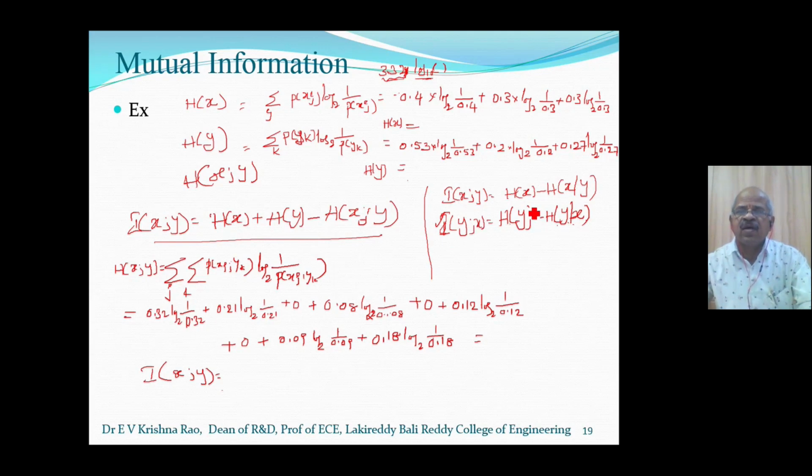As we have taken the transitional probability, the definition of H of y at x is already given. In the same way you will get the conditional probability, which is the double summation over j and k.